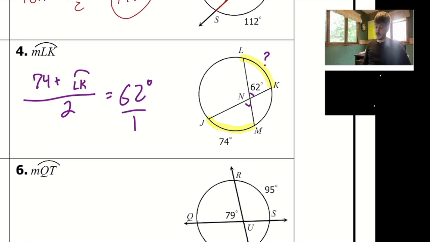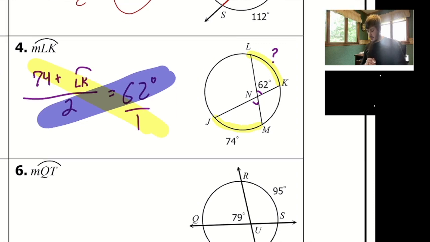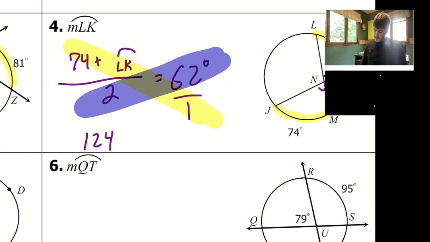And then we're going to solve from here. You put the 62 over 1, and the best thing to do, just like when we were doing that algebra review, cross multiply is going to be your best bet. So we're going to double 62. That's going to give us 124, which is equal to 74 plus arc LK.